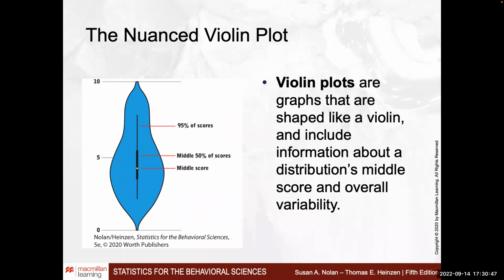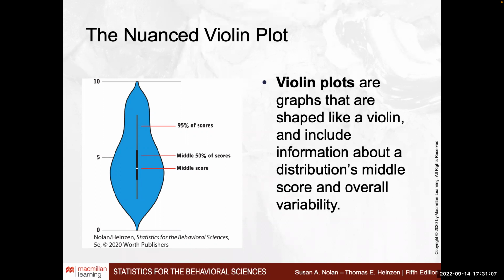This is the box. So this inner part of this violin plot is called a box and whisker plot. It's a box which contains 50%, and the whiskers extend to 95%. So 95 of your 100 data points are contained within these two whiskers.